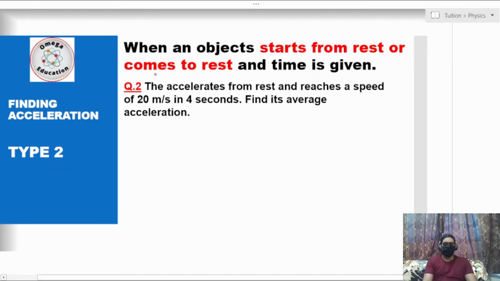Like if I read the statement, the object accelerates from rest. That means the starting speed is 0 and reaches a speed of 20 meter per second. That means your final speed is 20 meter per second, and the time during which the speed changes from 0 to 20 is 4 seconds. You need to find acceleration. Write down the formula.